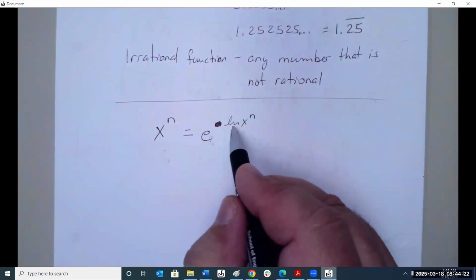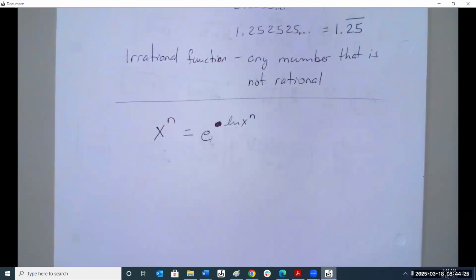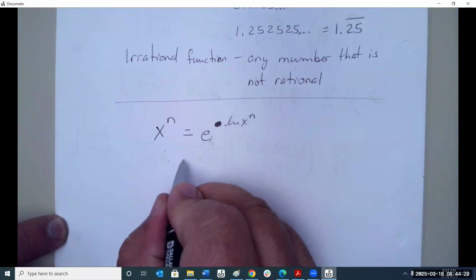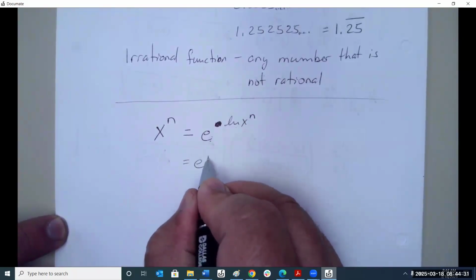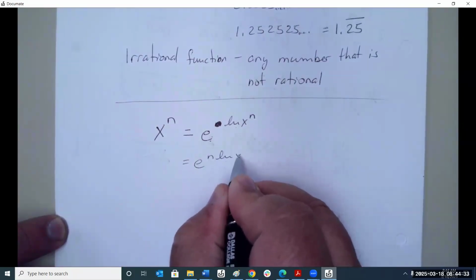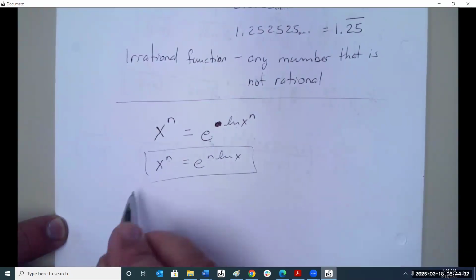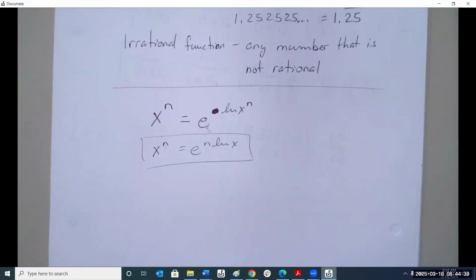Because the e and the ln cancel, it's x to the power n. But since you can't have exponents, we can rewrite this as e to the power n ln x. So we can rewrite those like that.